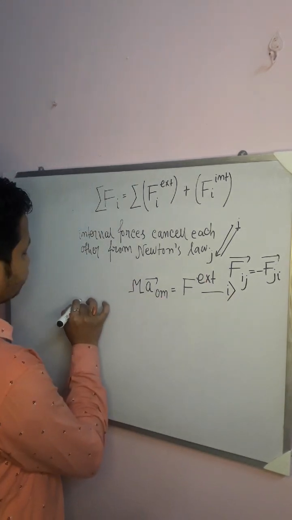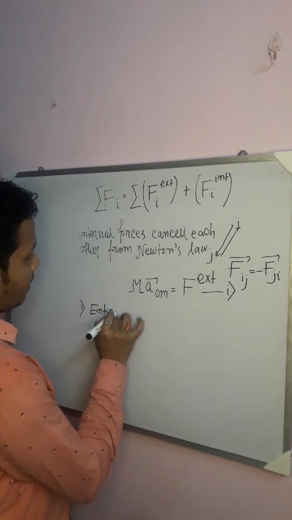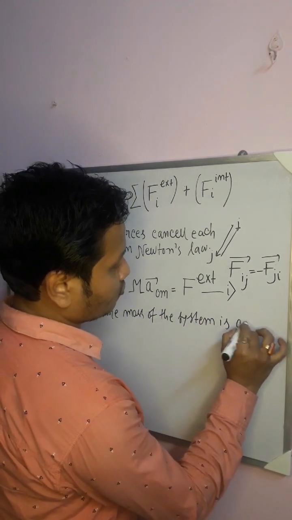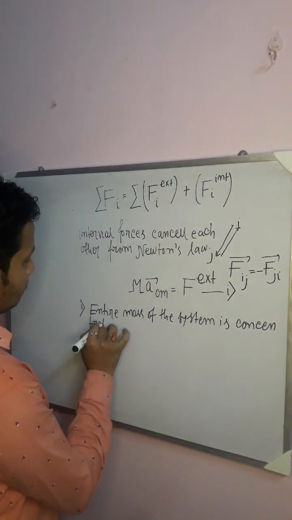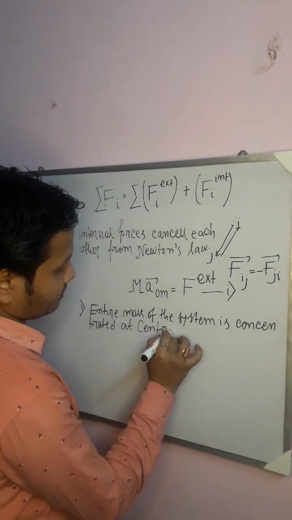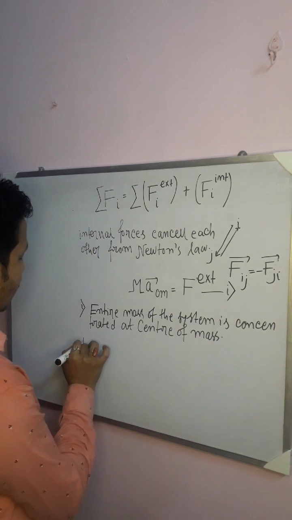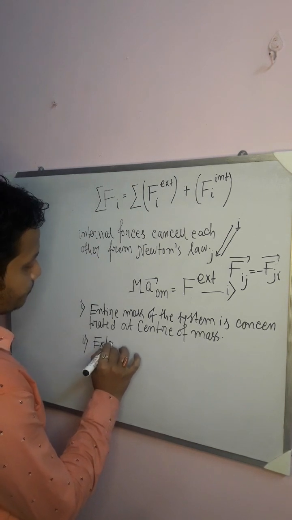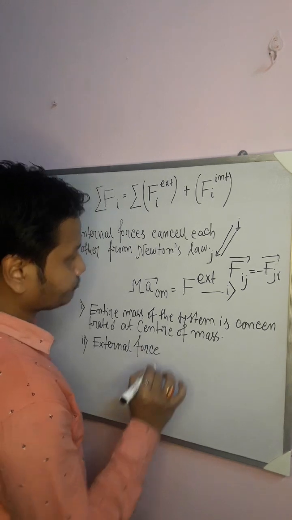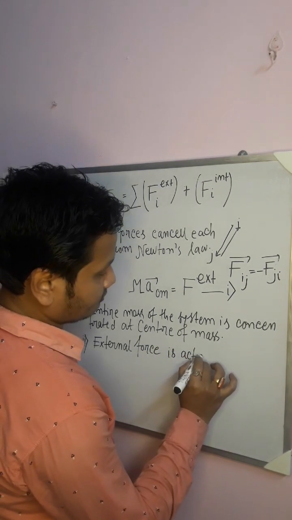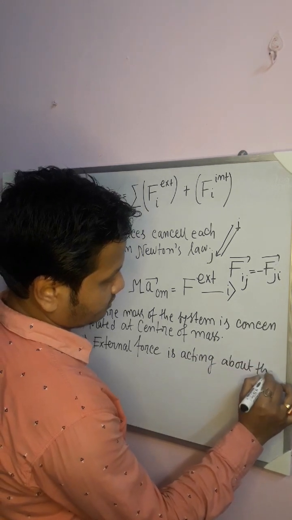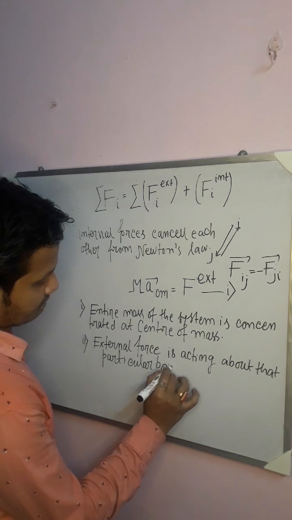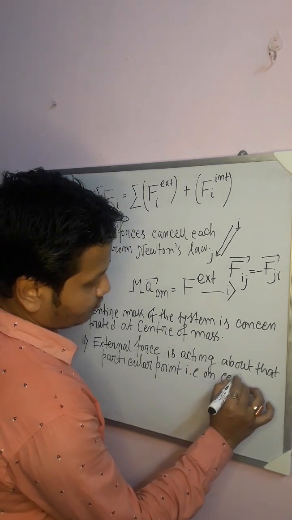So the entire mass of the system is concentrated at the center of mass, and the external force is acting about that particular point, that is on the center of mass.